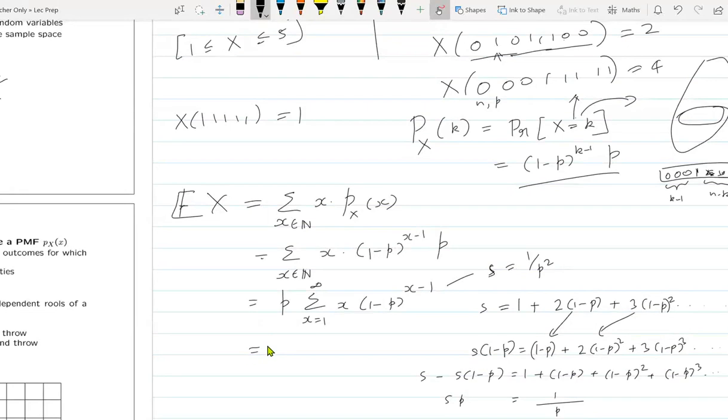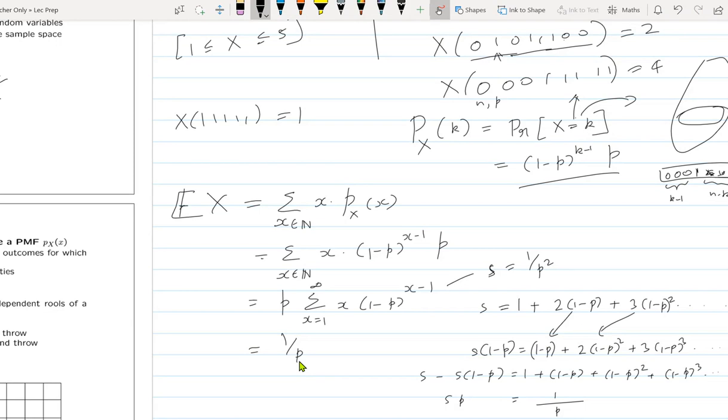So what is this? This is the expected value. I substitute s to be 1 by p squared here. The 1 by p gets cancelled, so it is 1 by p. Is that clear to everyone?